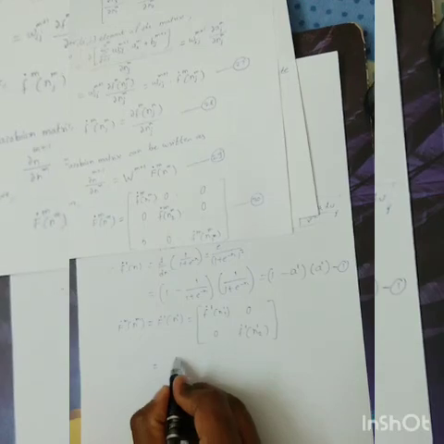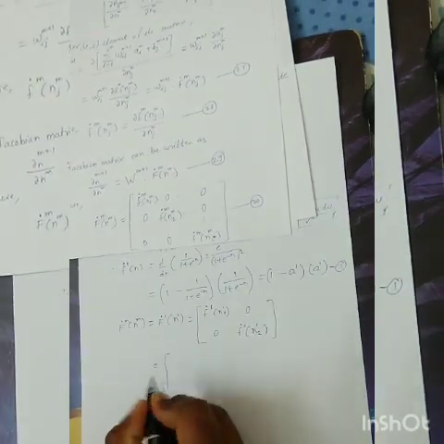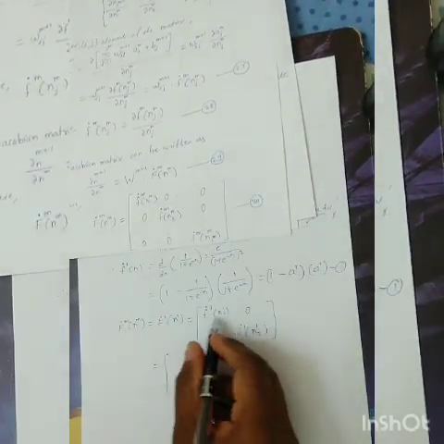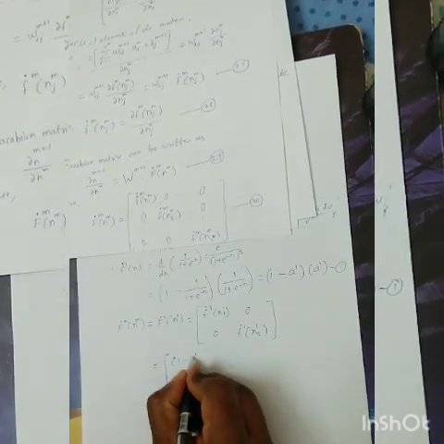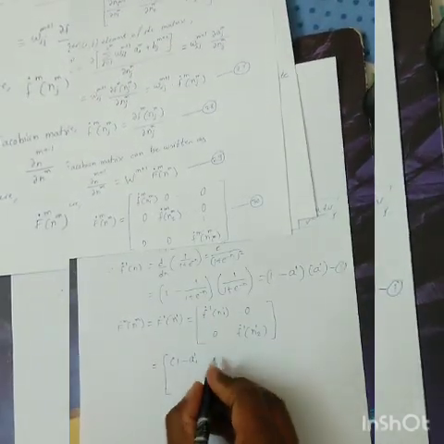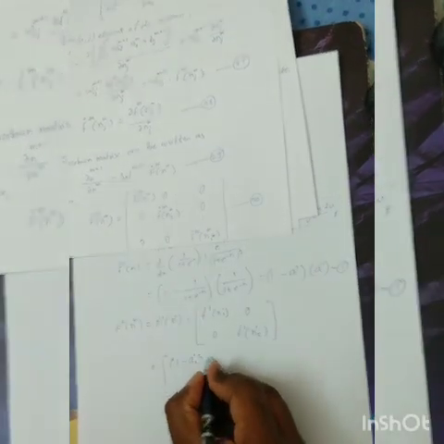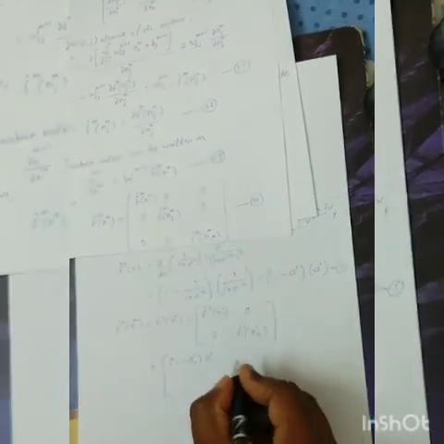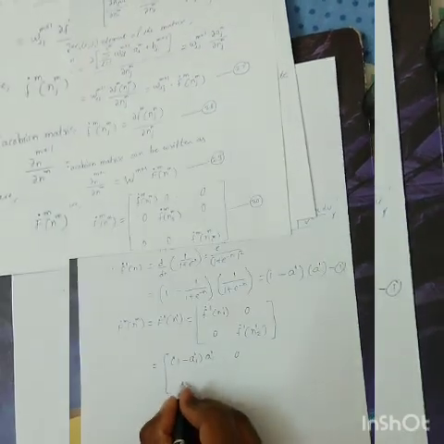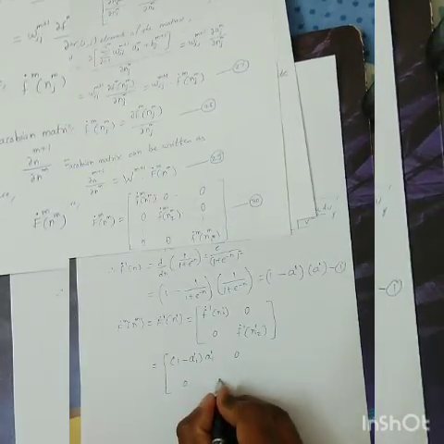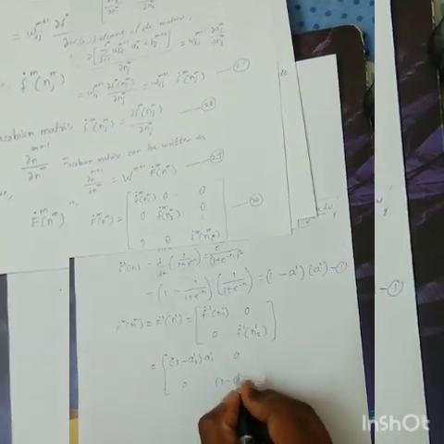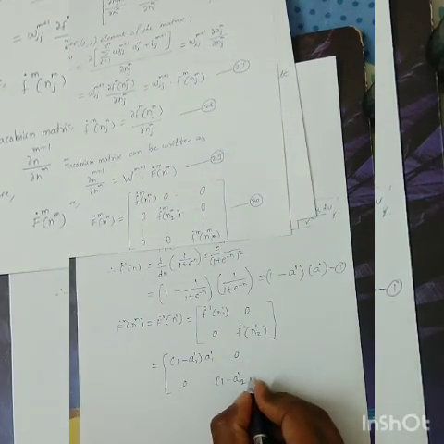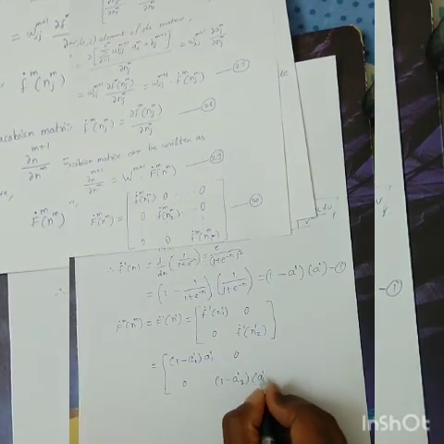We can place them here, that is 1 minus a1 1 into a1 1, 0, 0, and here 1 minus a1 2 into a1 2.